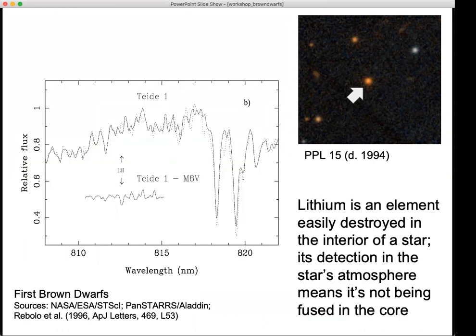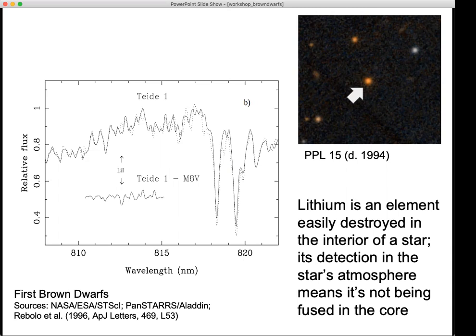And one of the reasons we know that they're young is when we take a spectrum, we talked about optical spectra yesterday. In the optical band, particularly around 813 nanometers or so, there's another one over at 670 nanometers, there's a feature that comes from lithium, right?